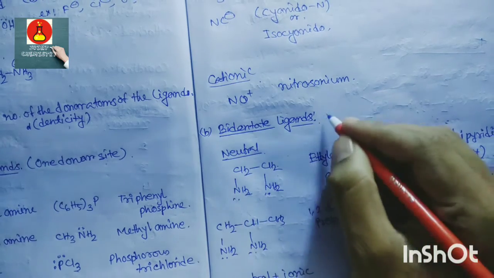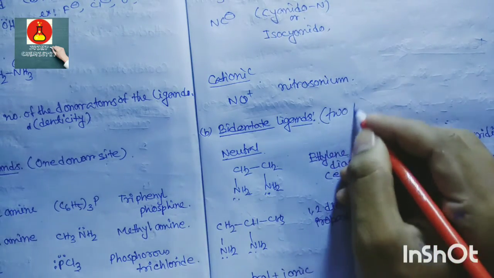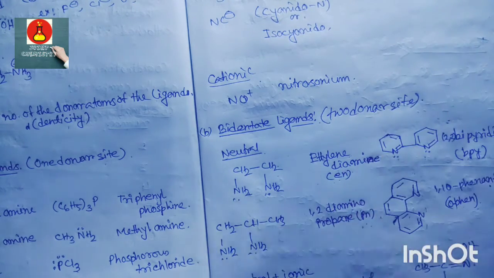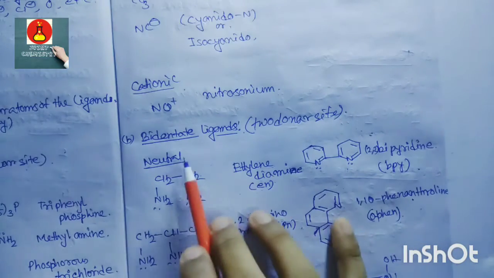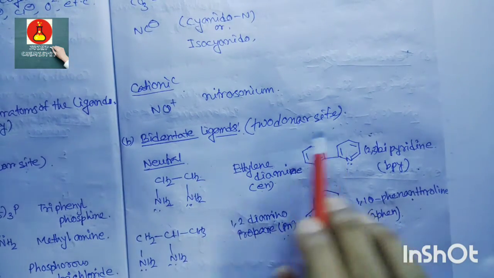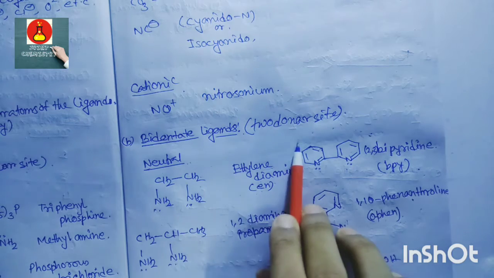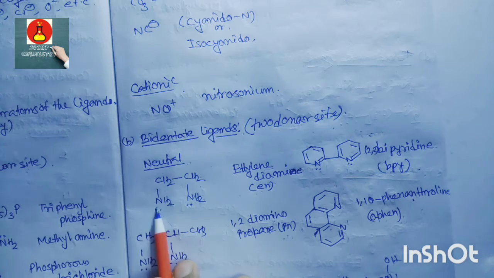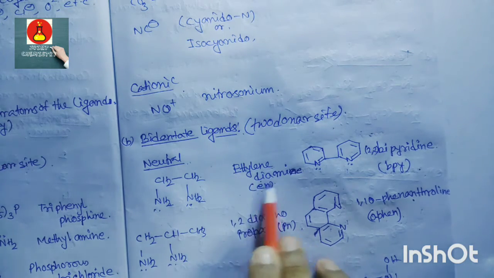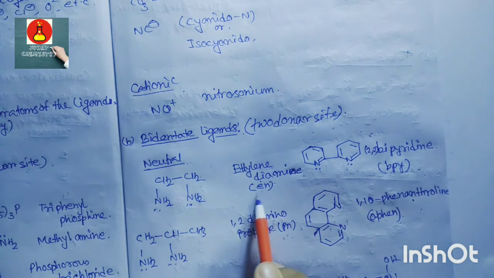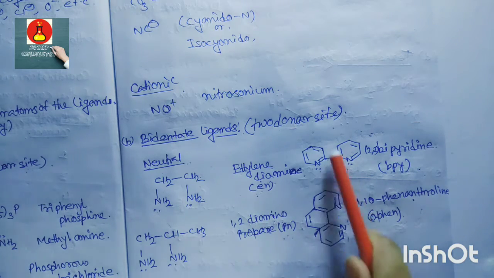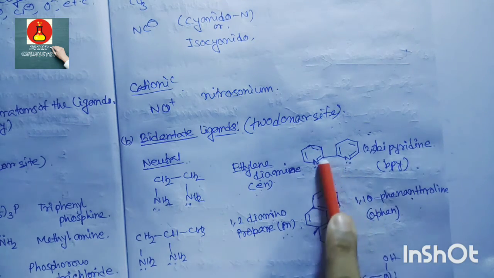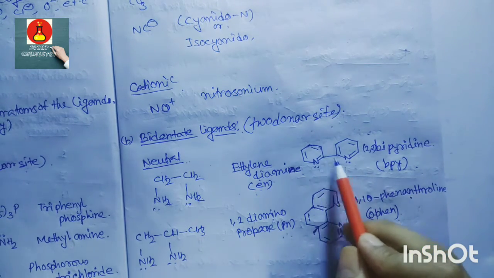Bidentate ligand means containing two donor sites. Now there are some neutral bidentate ligands. First is CH2CH2 with two NH2 groups, which is ethylene diamine. The symbol is en. Now these two pyridine moieties are attached at the 2 position.